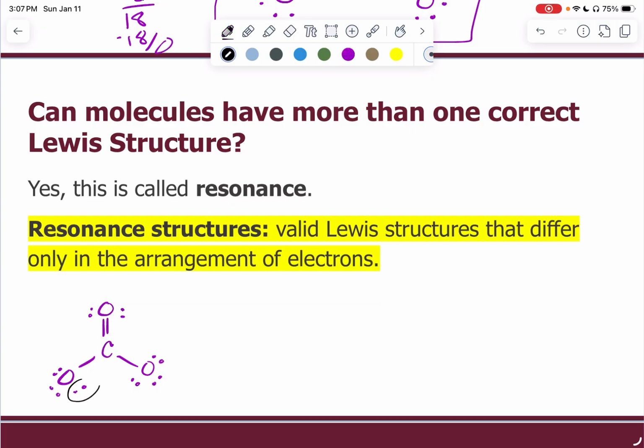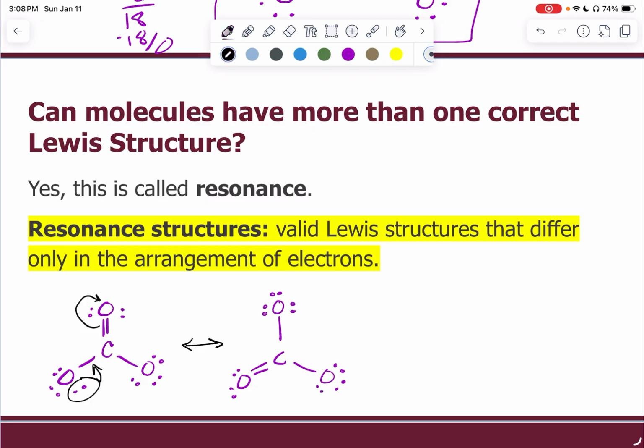So I could say, okay, well, let's take this pair and turn that into a double bond. But then this double bond, that can come up and become a lone pair. So then I redraw it and I get oxygen. This one here has the single bond. All right. So that's one resonance form.